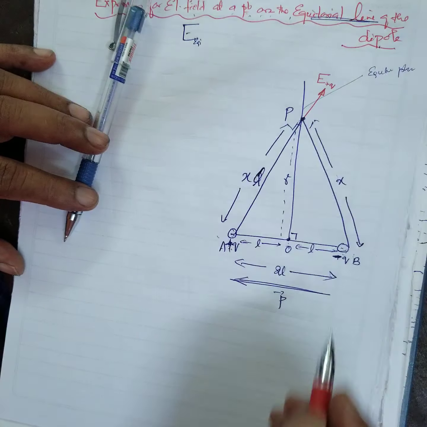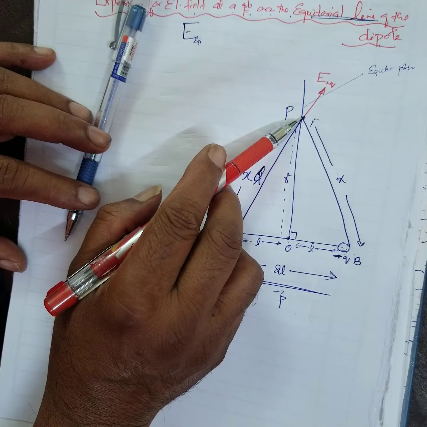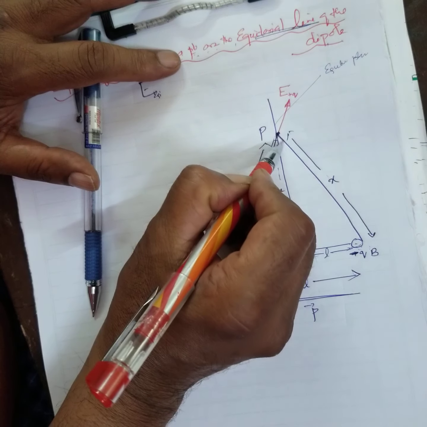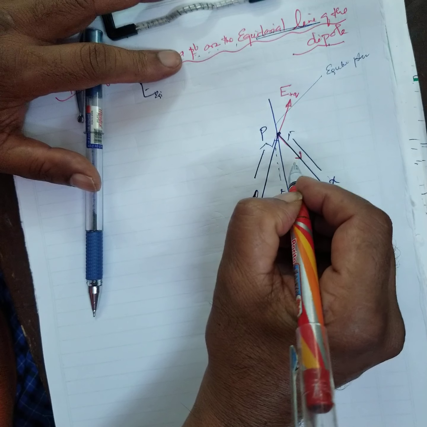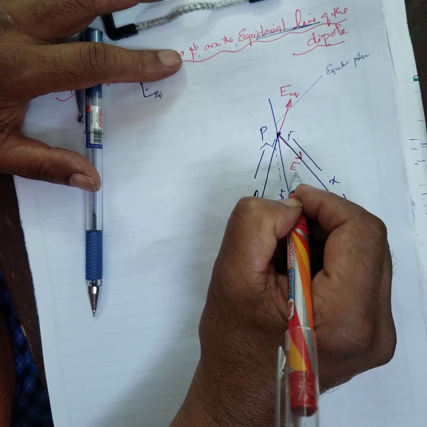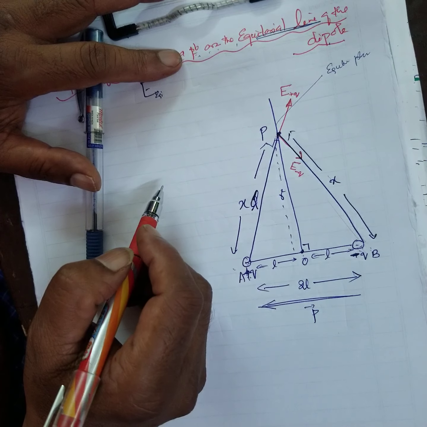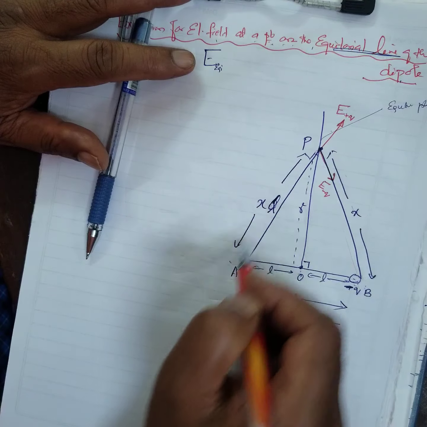Positive repels. And what is electric field at P due to negative charge? It is towards this direction. Understood? Now both are equal in magnitude because X is the same.